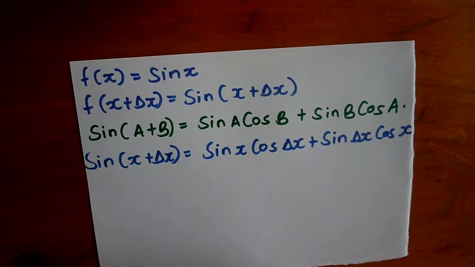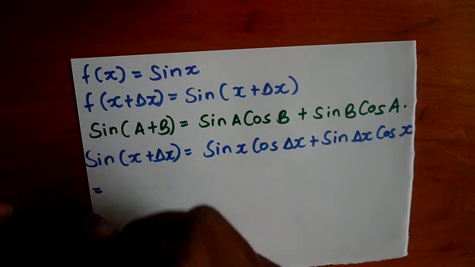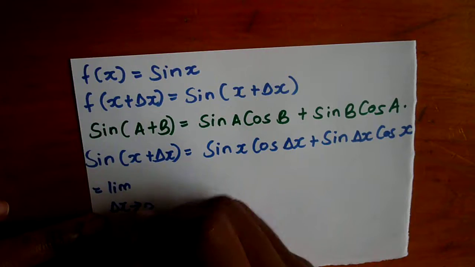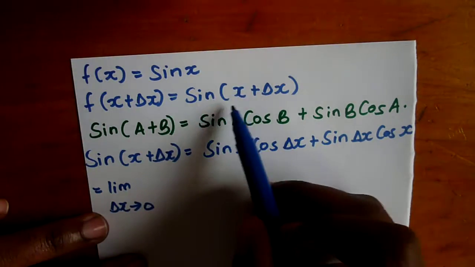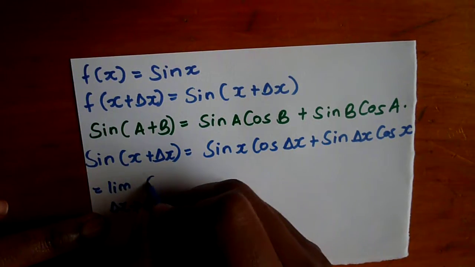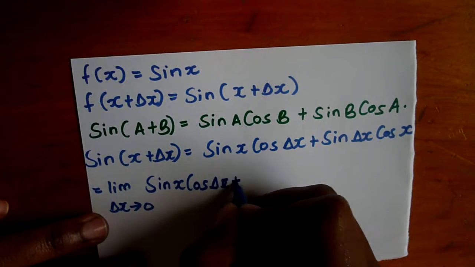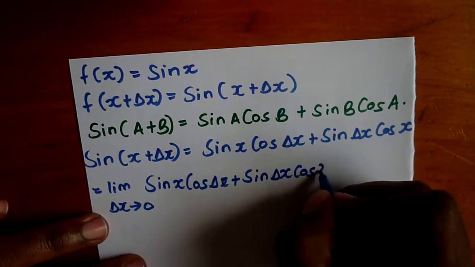So with that, we're going to substitute everything into our first principles, and due to space, I'm just going to start where the equal sign was. So the limit as change in x tends to 0 of f of x plus a small change in x, which is sine of x plus a small change in x, equals this: sine x cos change in x plus sine change in x cos x.